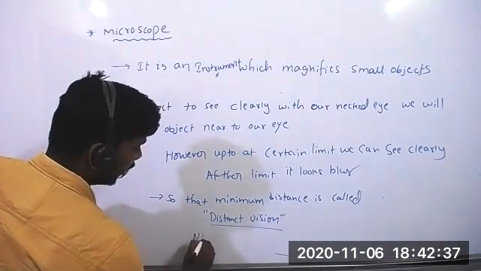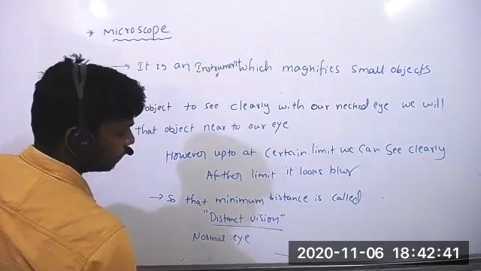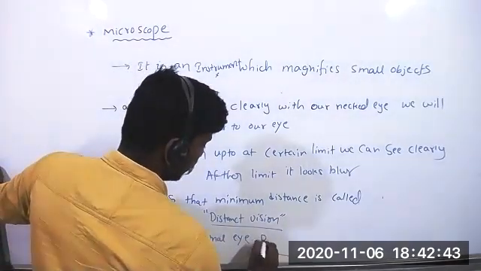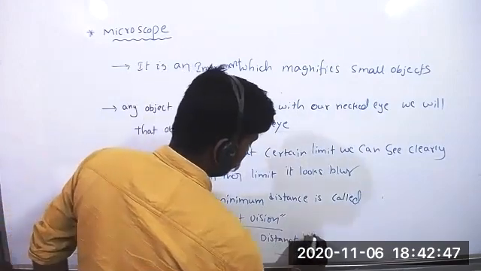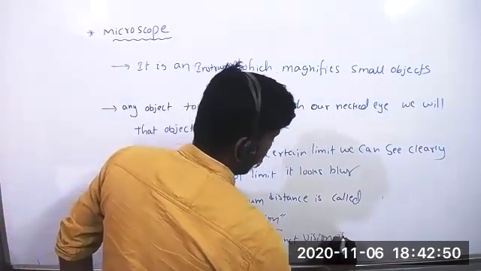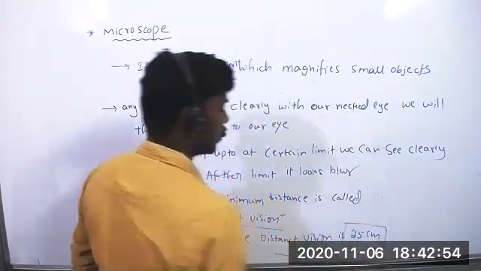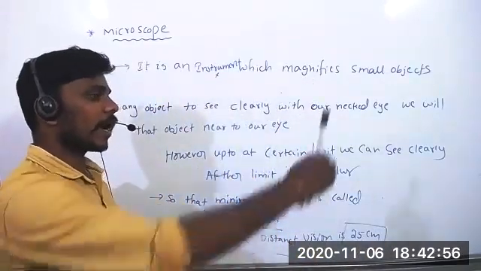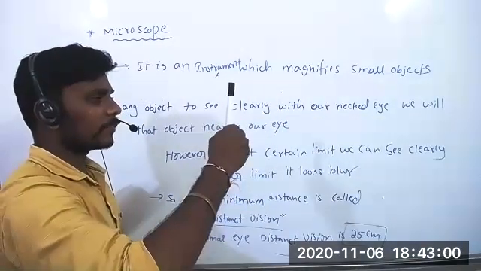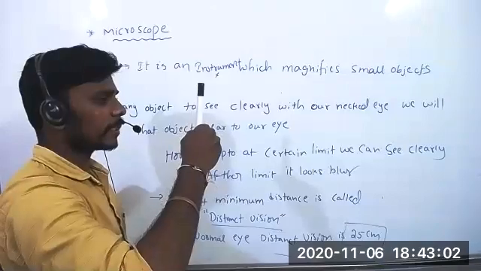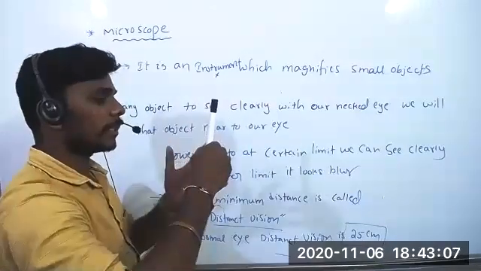For a normal eye, distinct vision is 25 centimeters. It will change from person to person actually, but for a normal eye, up to 25 centimeters, if you bring it, you can see very clearly. So if that object comes closer than 25 centimeters, then you can't see properly. It will become blur.